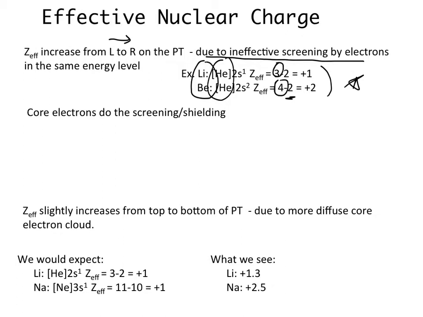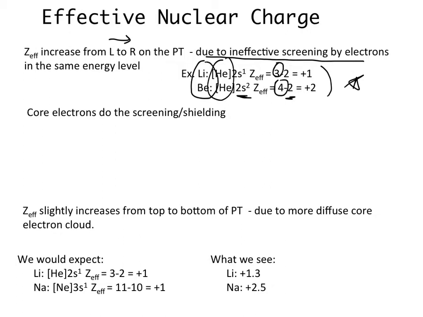Any screening or shielding by electrons that are being added into the same energy level, like continuing to add electrons into this 2s orbital as we see with lithium and beryllium, doesn't actually affect the Z effective, at least not in a very large way. Now remember, we are calculating based on assumptions, an average environment. However, the calculations that are done compared to more complicated calculations are actually pretty close.